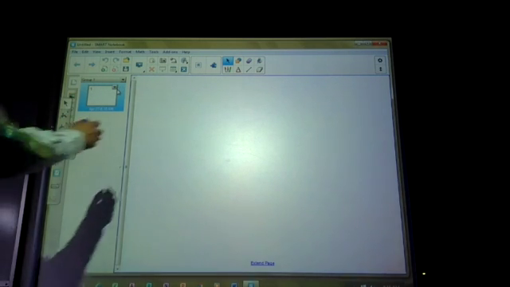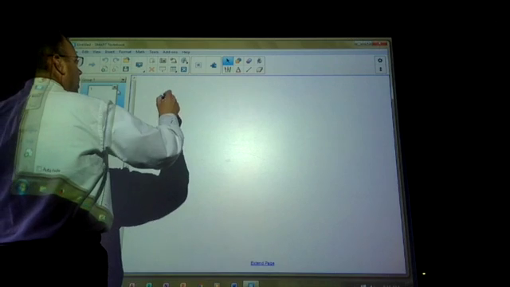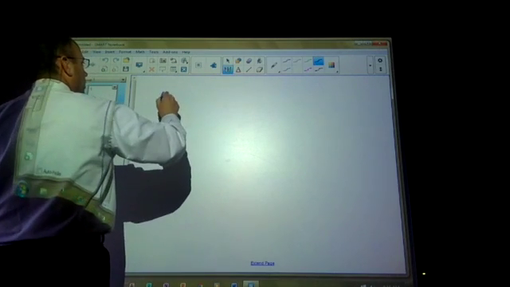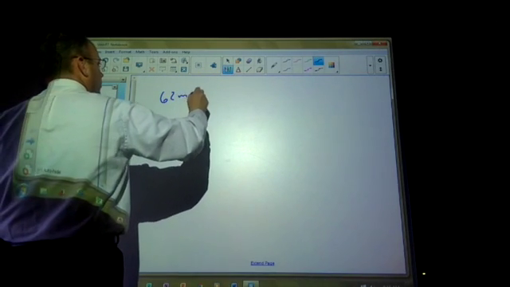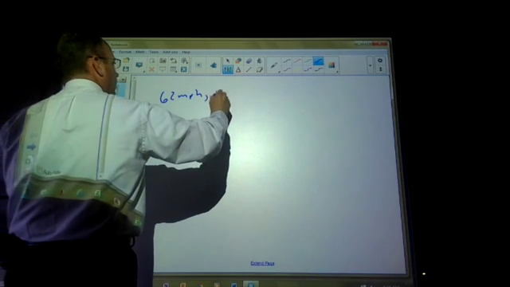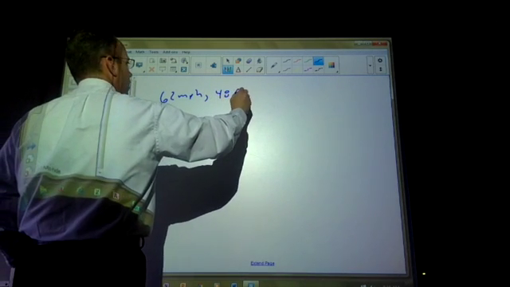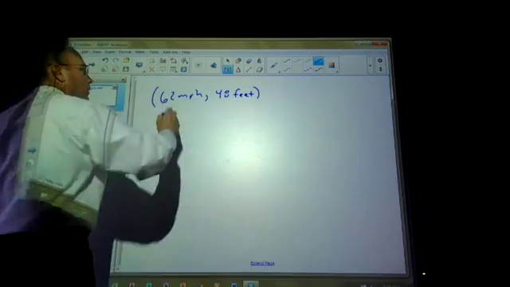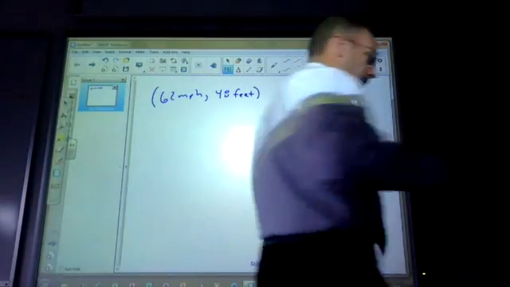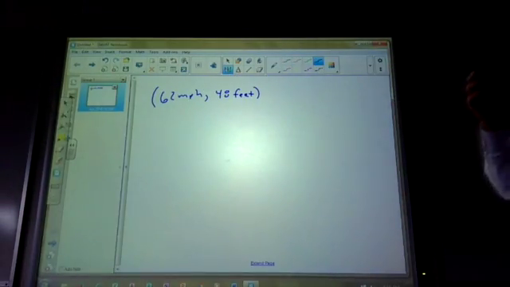So let's utilize it. So 62 miles per hour, 48 feet. So basically, that is a parabola. So at 0 miles per hour, it would stop in how many feet? 0, right?